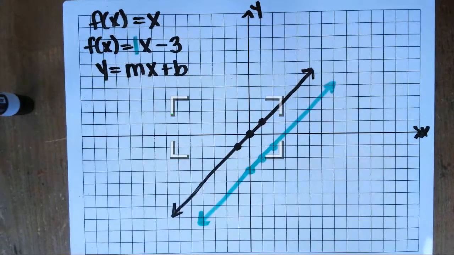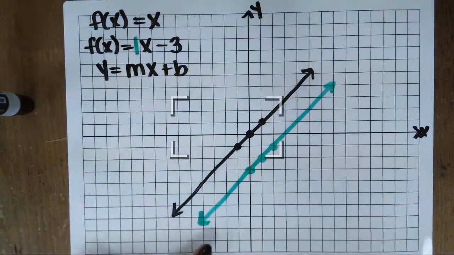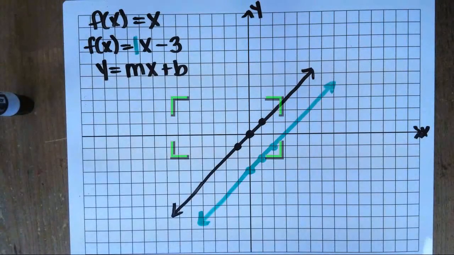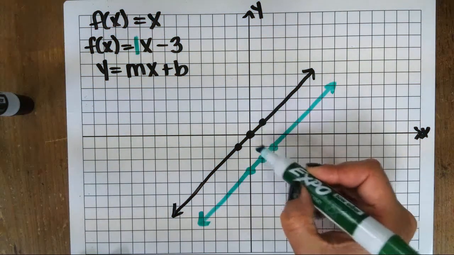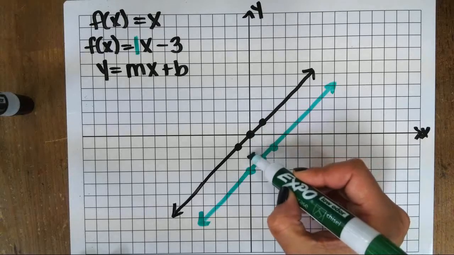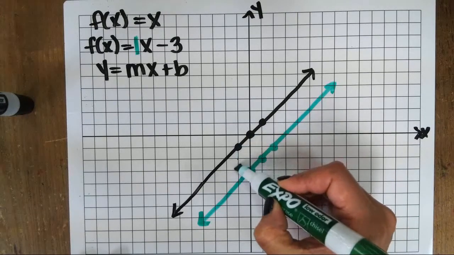Okay, and again, as you can see, the only difference here from my parent function to my new function is that every single point has moved down 3 units. So this point moved down 1, 2, 3. This point moved down 1, 2, 3. This point 1, 2, 3.